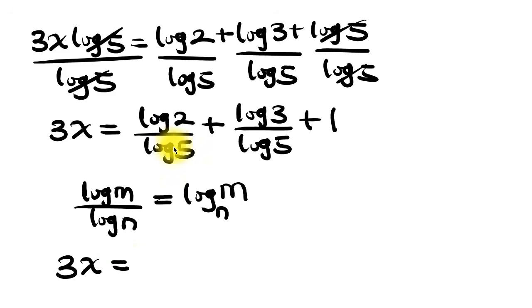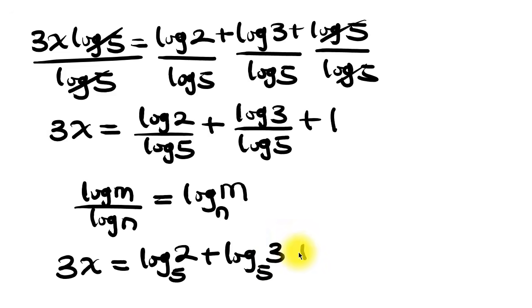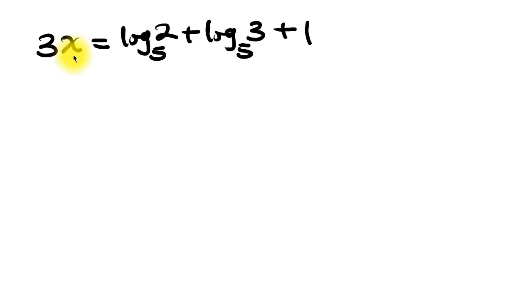3x is equal to, this expression now becomes the log base 5 of 2 plus the log base 5 of 3 and then plus 1. Very good. Now, in order to get the value of x, we have to multiply through by 1 all over 3.